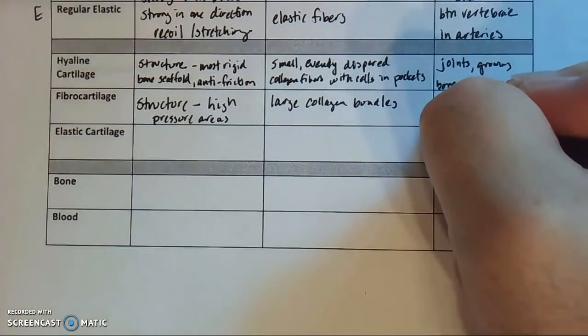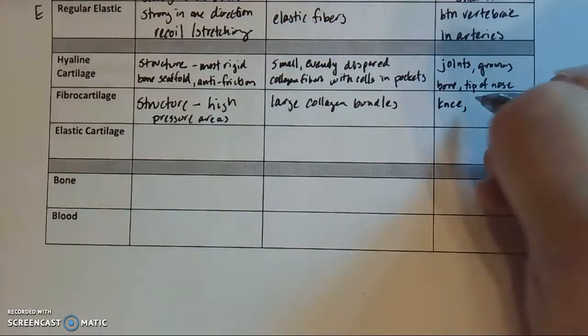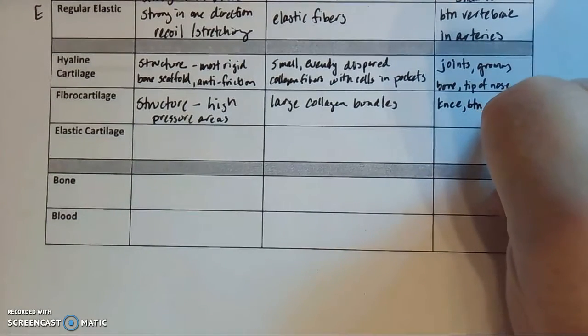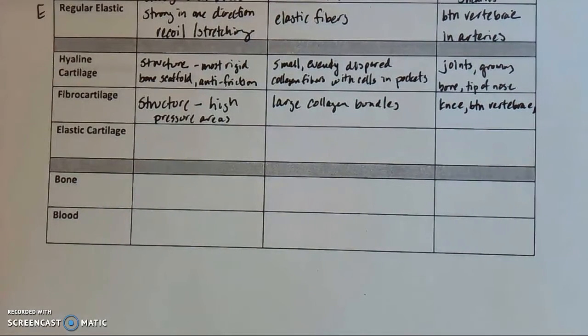So if you've ever heard of the meniscus in the knee, well, it is made out of fibrocartilage. It's a high pressure area. So you have all the weight of your body being forced down onto a disc of fibrocartilage that's in your knee. It is between the vertebrae in the back. So we have discs of fibrocartilage.